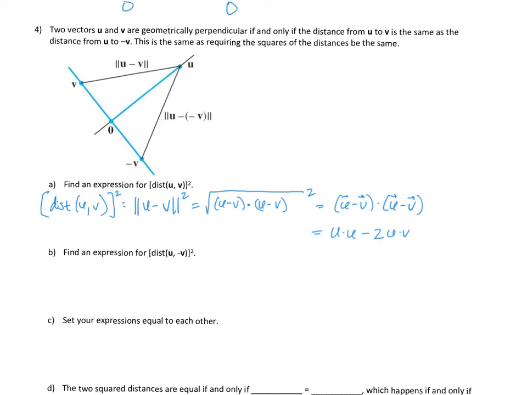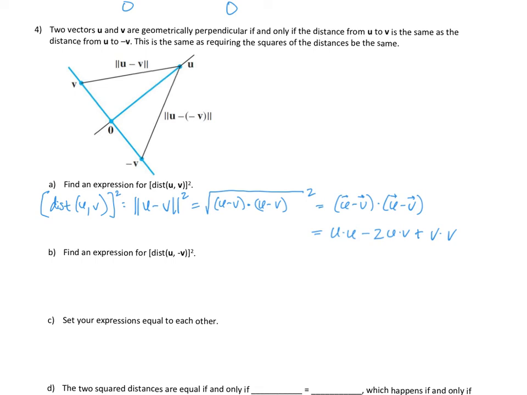Or is it minus v dot v? Okay, yeah. Negative v dotted with negative v is positive v dot v. Okay, so there's my expression for the distance from u to v.